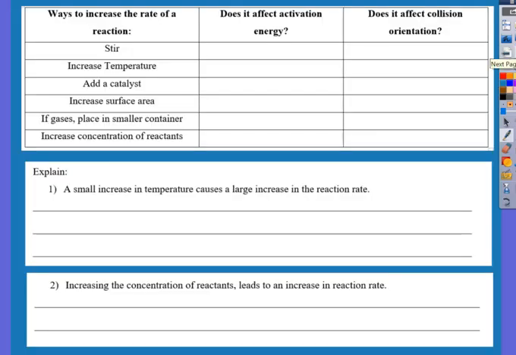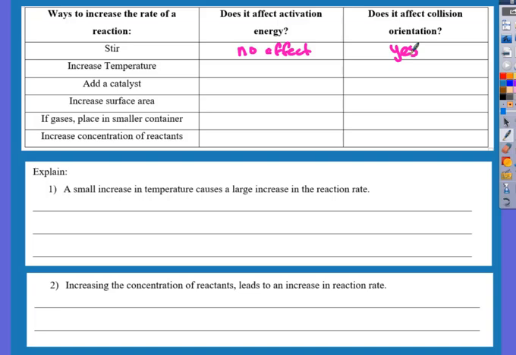So here are some different ways that you can increase the rate of a reaction. When you stir your reactants, we're not affecting activation energy, so it has no effect there. But when you stir, you're going to hit the molecules and push them closer to each other, so you're going to have more collisions.